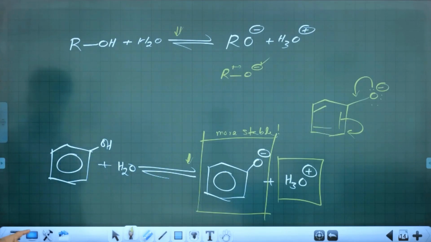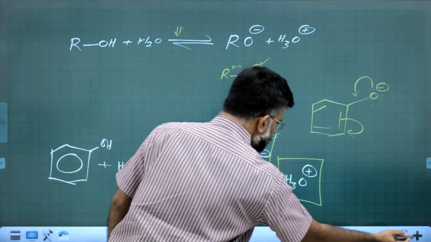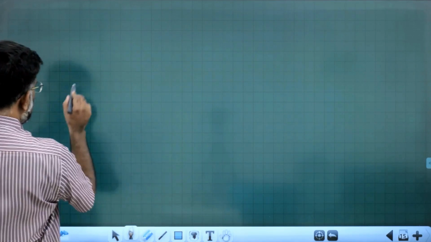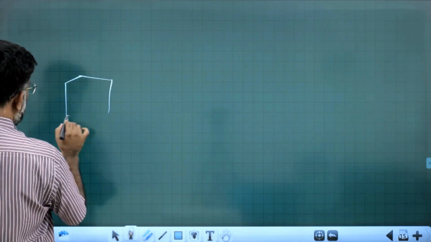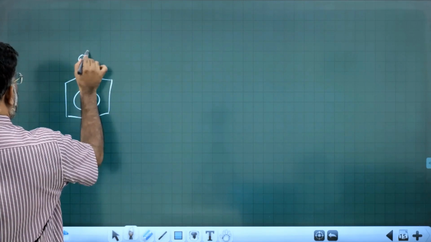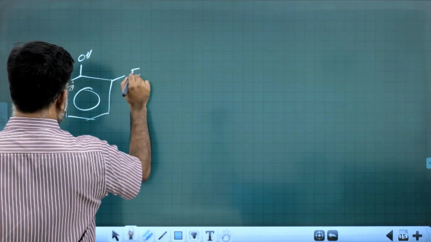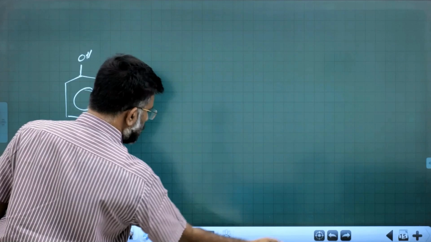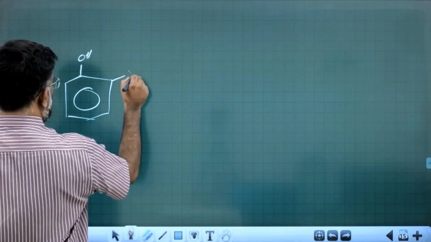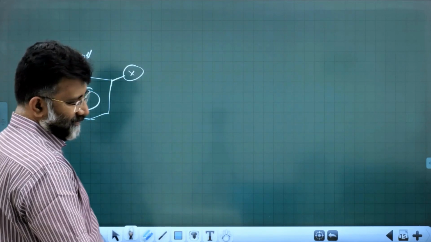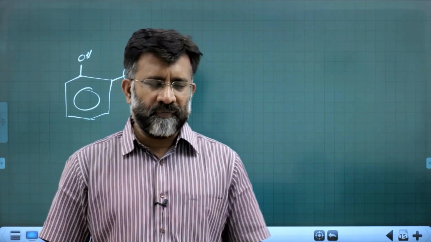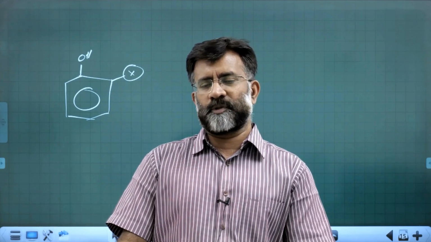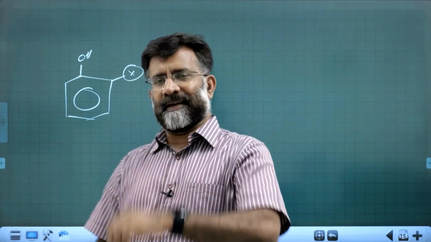Okay. Now one more point to note down is the nature of substituent on phenol. Suppose phenol has a substituent present at the ortho-para position. Many of you are aware that the presence of an electron withdrawing group at the ortho-para position increases the acidic character.